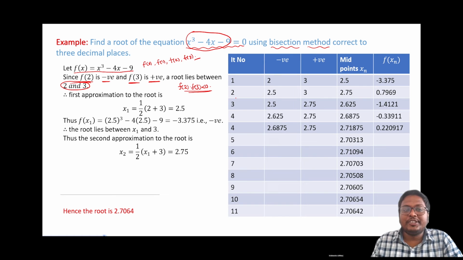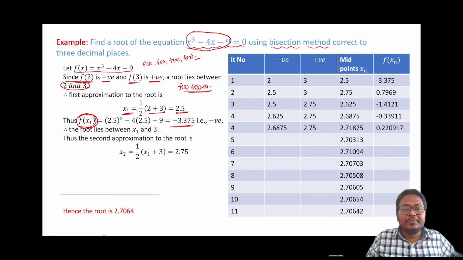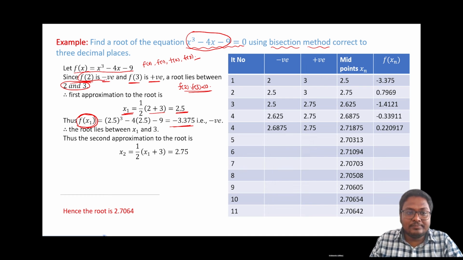Now, my first approximation is actually the midpoint of 2 and 3. So we denote it as x1, that is 1 by 2 into (2 plus 3), so 2.5. Now at this point, I have to check the functional value f of x1, that means f of 2.5, that is actually negative. So here you can see f of 2 is negative, f of 2.5 is also negative, and f of 3 is positive.